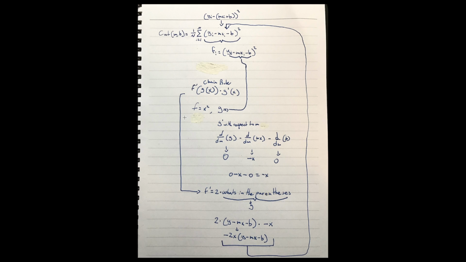So that small notation right here, f prime, basically just says the derivative of that function. So we can look at this function as two functions, where f of x equals x squared, and g of m and b is that inner part.